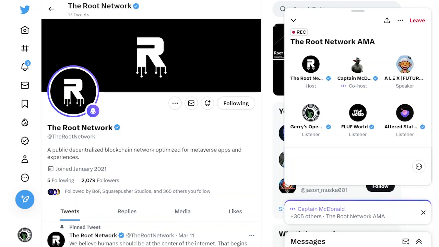I think that the first part is right. The metaverse exists as a kind of single entity of interoperable applications and content and experiences. And what we talked about earlier is the Root network isn't just a blockchain. It's a toolkit for creating interoperable content and applications.